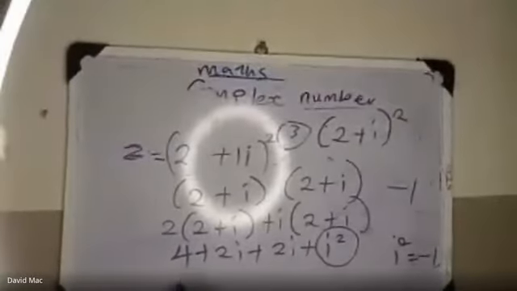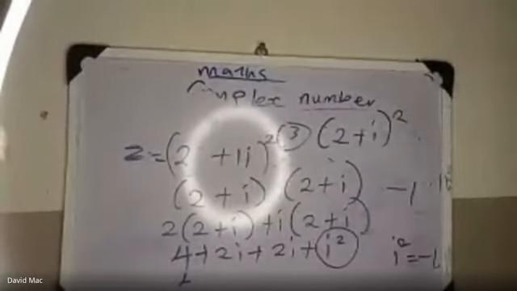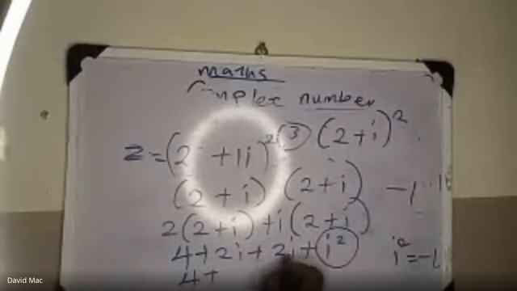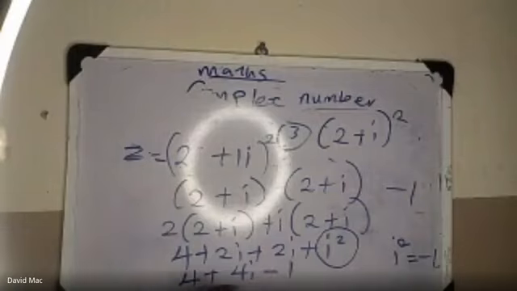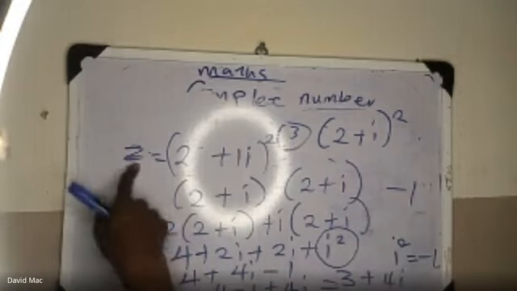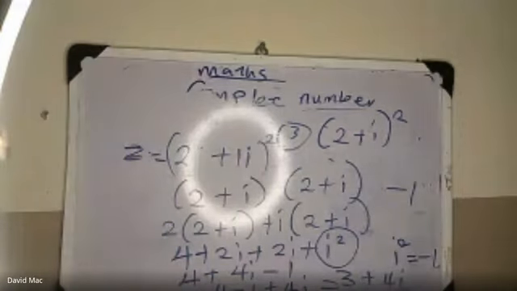So we are going to be having 4 plus 2i plus 2i, which is 4i, then minus 1. Is that not so? So when you rearrange, you're going to be having 4 minus 1 plus 4i. And 4 minus 1 is 3, plus 4i. So your z now is equal to 3 plus 4i.